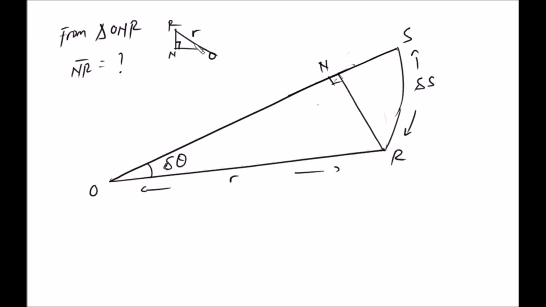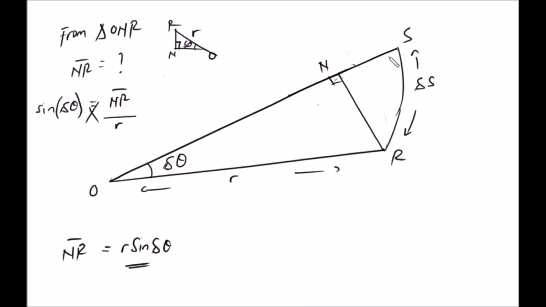You can see there, afu hapa ni angle delta theta. You can see there that sine of delta theta ni sawa na opposite ambayo ndo hiyo NR over hypotenuse ambayo ndo hiyo r, the radius vector. So if I cross and multiply here, my NR now is just going to be equal to r times sine of delta theta.